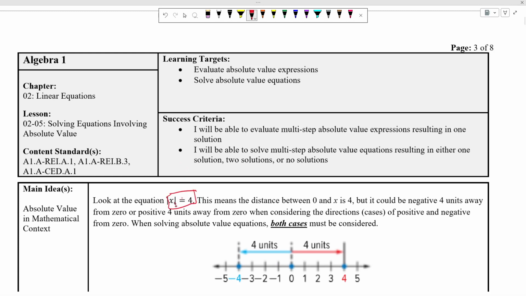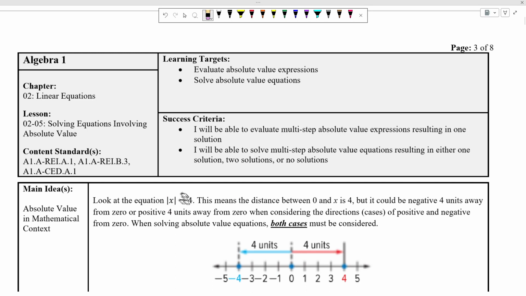Now, the way you first want to read this, you want to read this as the absolute value of x equals 4. That's how you should read this. And these vertical bars, straight up and down, are the symbol which indicates everything inside is being absolute valued.